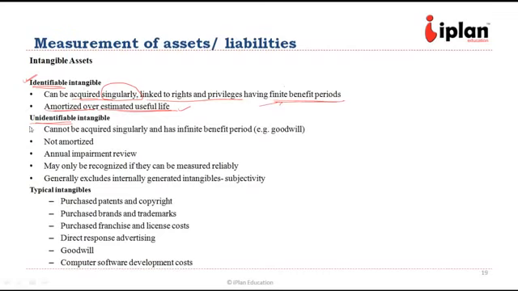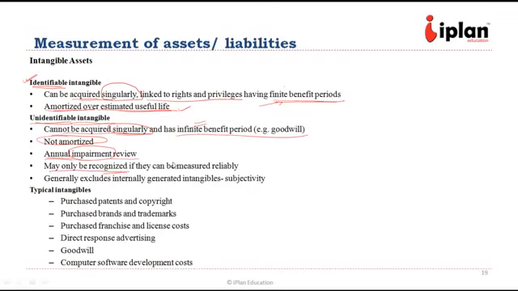These are identifiable intangibles. There could be another type of intangibles which cannot be acquired singularly and they do not have a finite benefit period. So they have an infinite benefit period, for example goodwill. So they cannot be amortized since they do not have a fixed benefit period, but they should be reviewed annually for impairment in value.